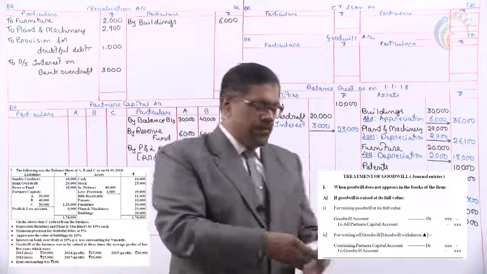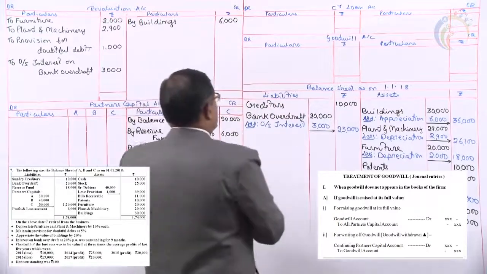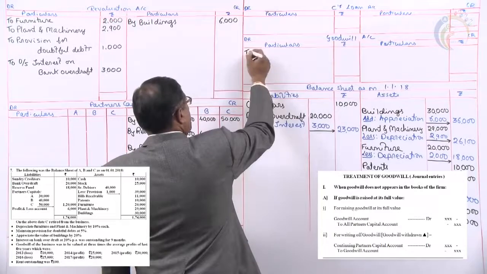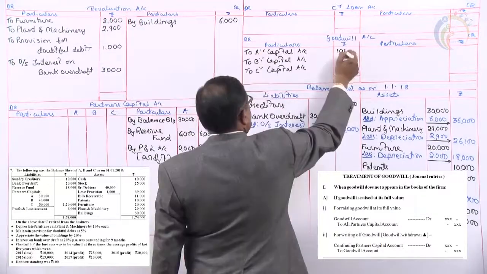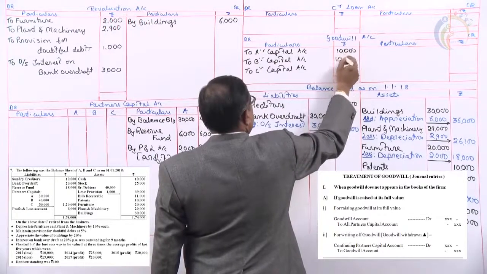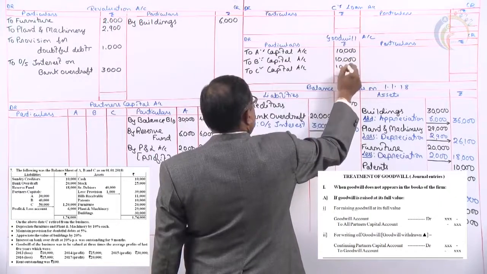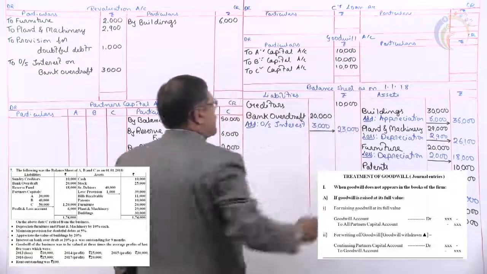Let us record that first in goodwill account. On the debit side, in the names of the partners, 10,000 rupees each: A's account, B's account and C's account.